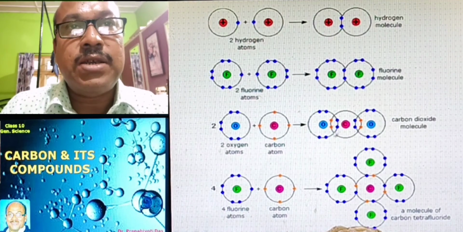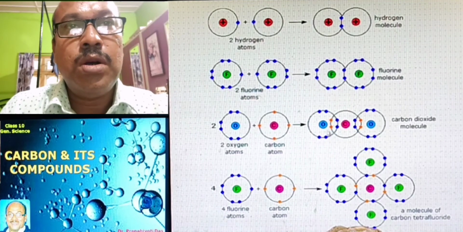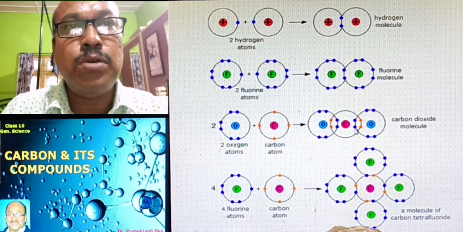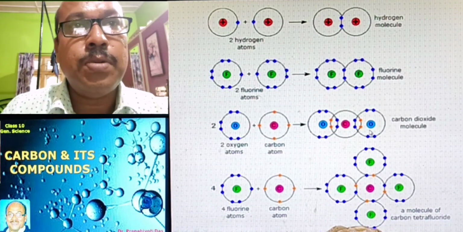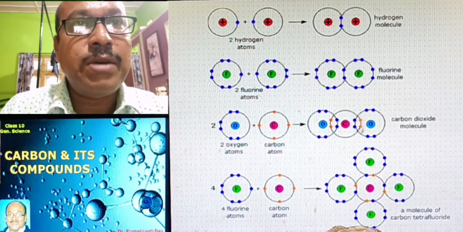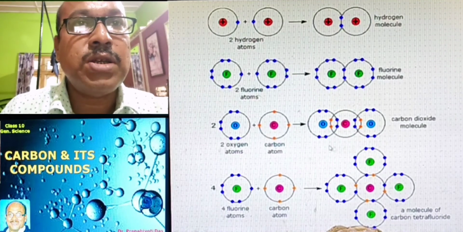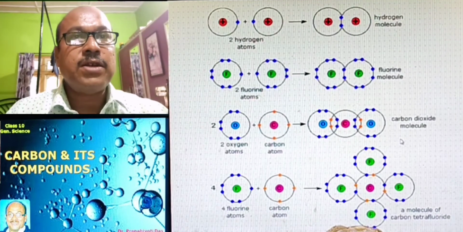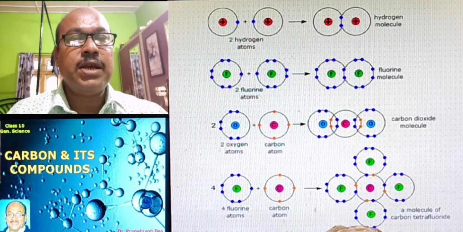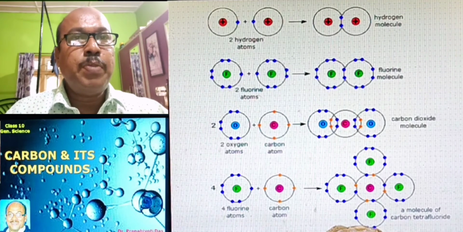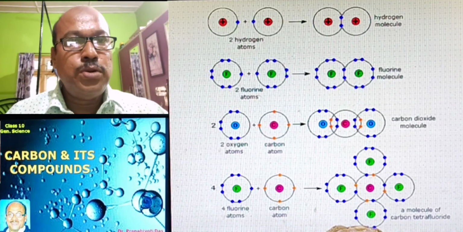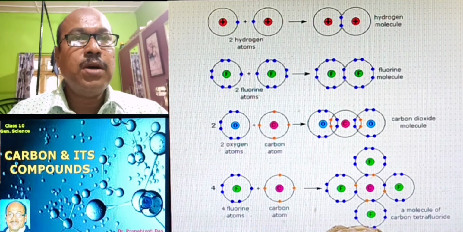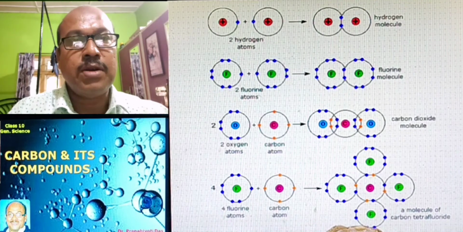Oxygen already has 6 electrons, and the carbon now also has 8, because 2 and 2, total 4, its own, and 2 from the left side oxygen, 2 from the right side oxygen, getting a stable electronic configuration, and similarly the oxygens as well. For that reason, carbon is sharing 2 pairs of electrons with each of the 2 oxygen atoms, and this is how double bonds are produced in the carbon dioxide molecule.